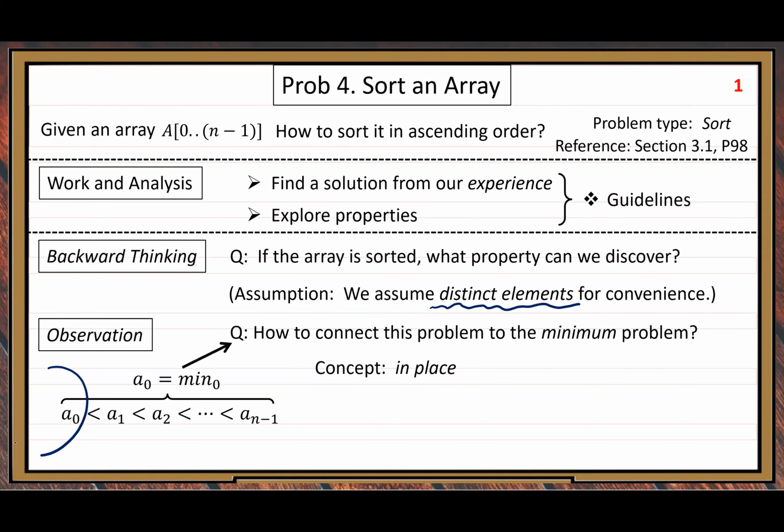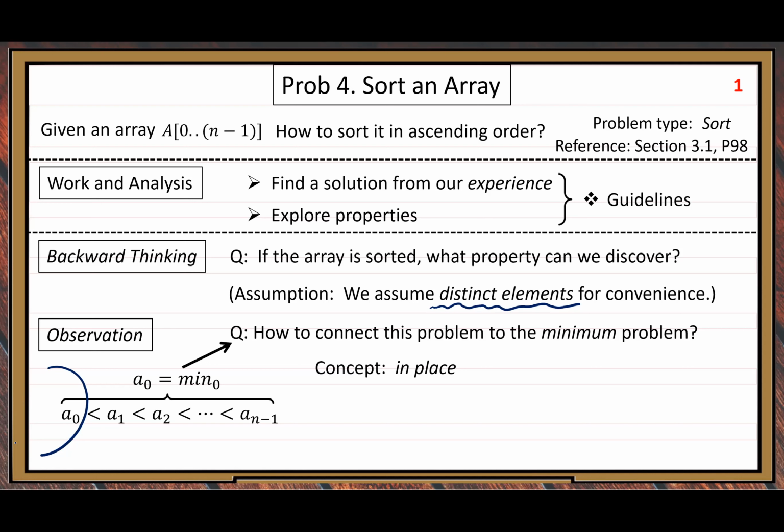So think about the next round. Second round, we apply the finding the minimum solution on the remaining elements of the array. What will you get? Second minimum, right? It corresponds to A1, and we also put it in place, right?